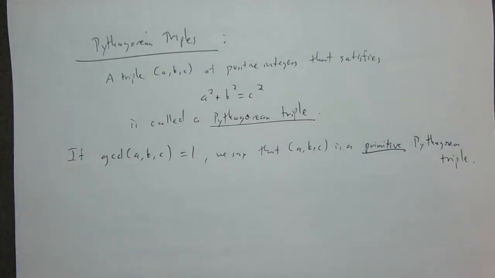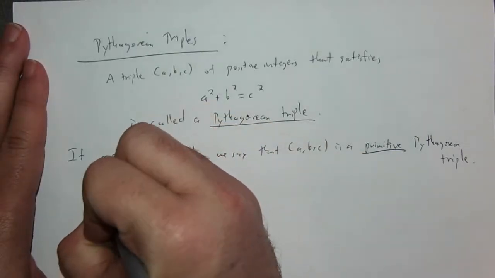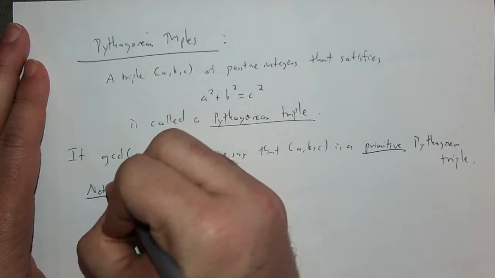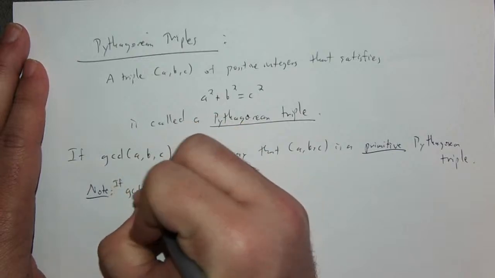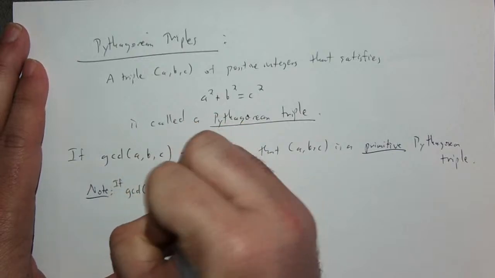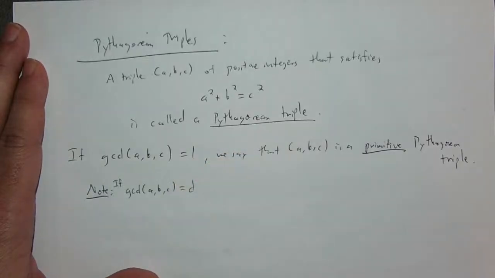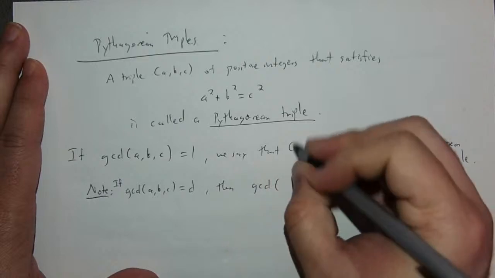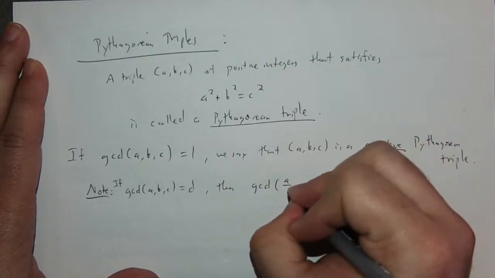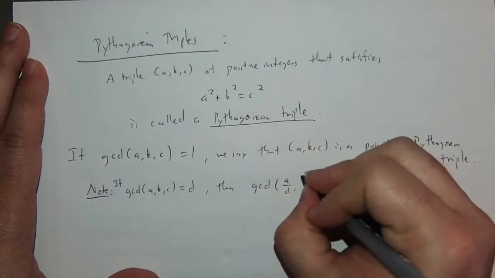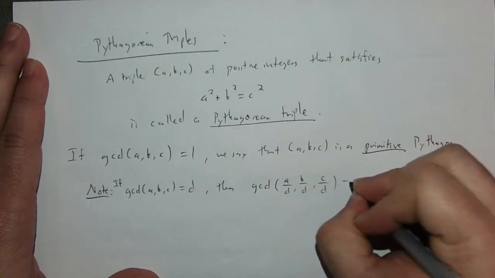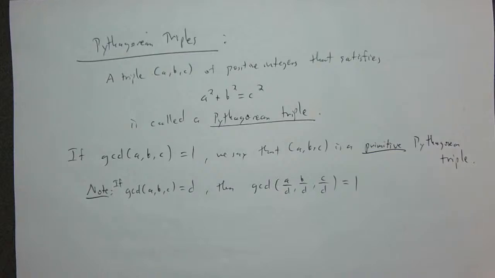Okay. Note, you might have thought about this immediately. If the GCD of a triple is equal to d, then the GCD of that triple divided by d is equal to 1.